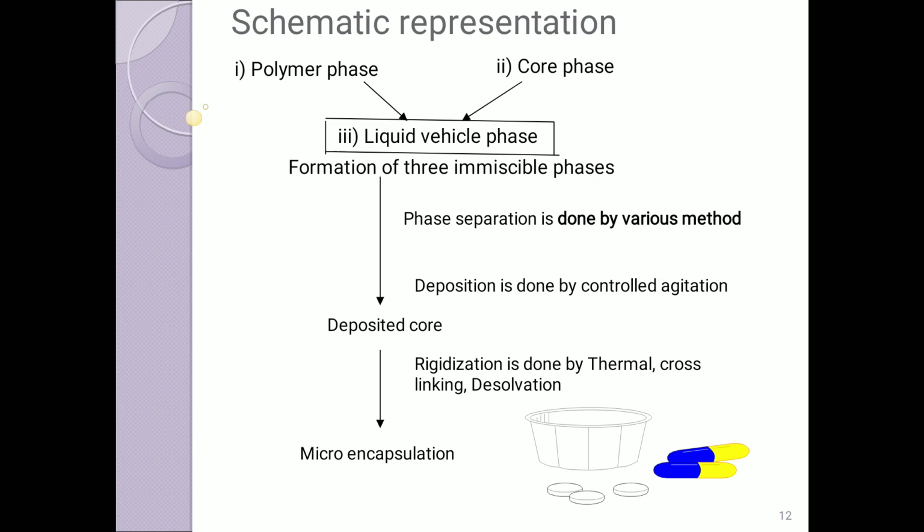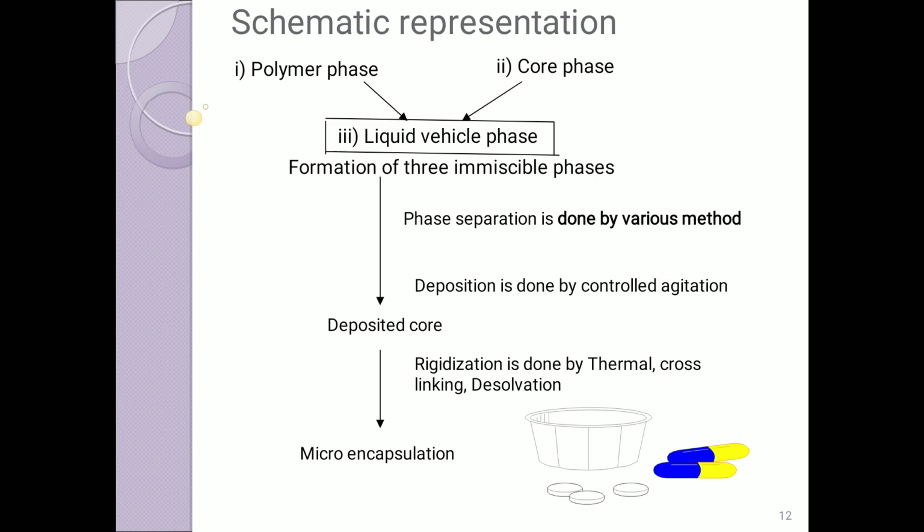After the phase separation, the polymer is deposited on the core. Core means drug. The polymer deposited on the drug is rigidized with the help of different techniques, that is cross-linking, dissolution, and thermal techniques.